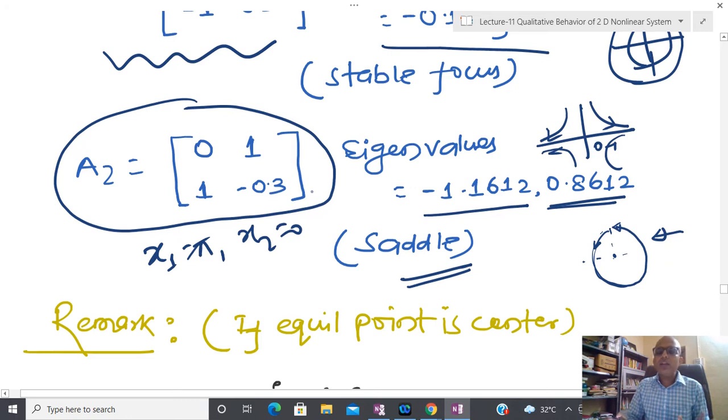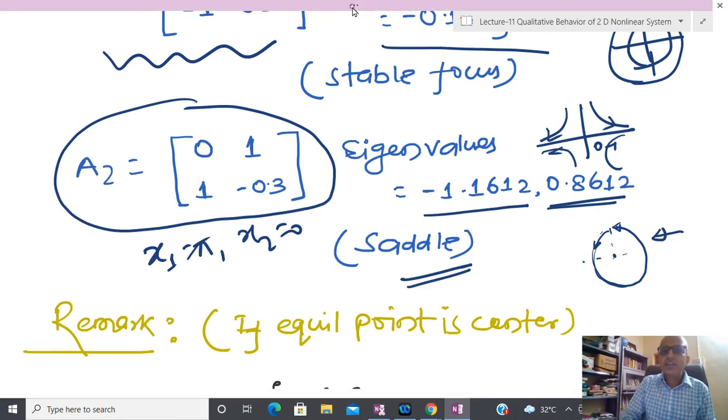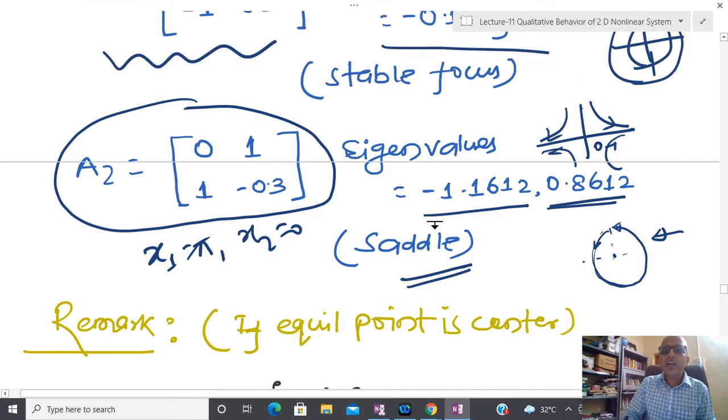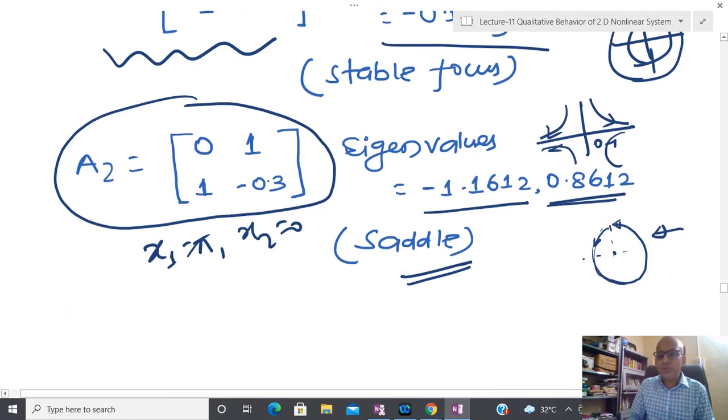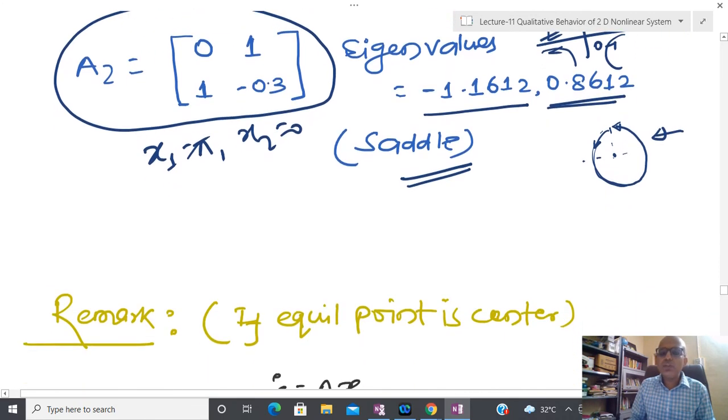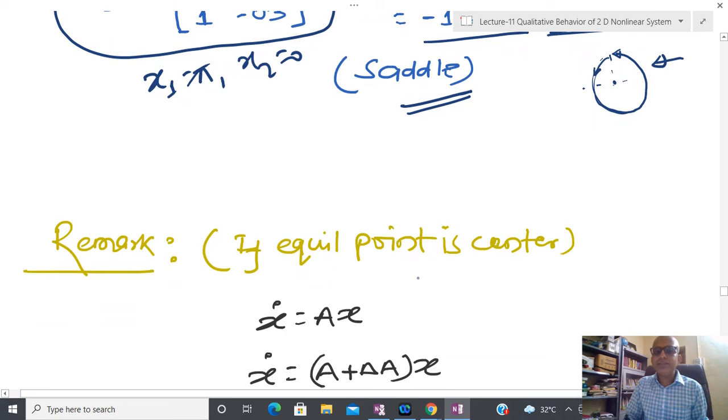If you don't have confusion, then now I am going to make a very important remark. Suppose you linearize your system about the equilibrium point, so automatically you will get the linear system.